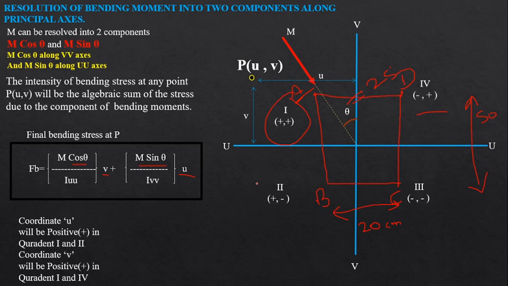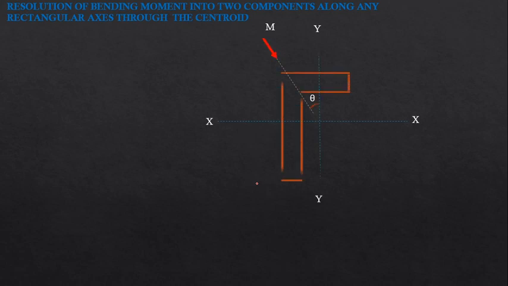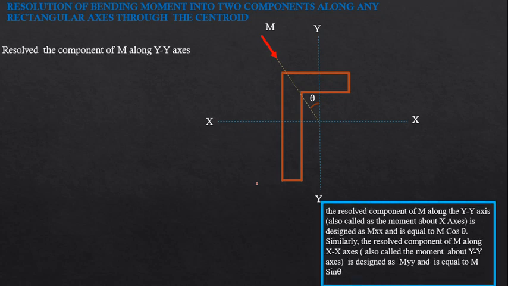Okay, next one is the resolution of bending moment into two components along any rectangular axis through the centroid. There's an x and y plane, an L-shaped object, and a plane of bending m at a line inclined at angle theta. Resolve the component of m along the y axis, also called the moment about x axis, designated as Mxx equal to m cos theta.